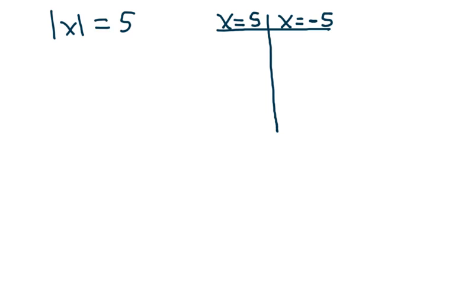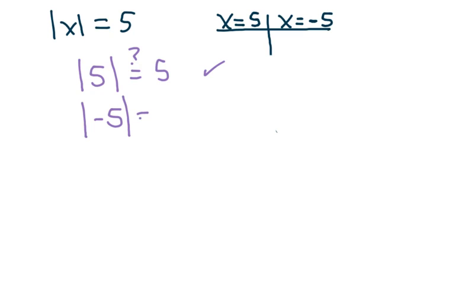Basically we don't have to solve because it's right there staring us in the face. If you plug in and check, does the absolute value of 5 equal 5? Yes. And now plug in negative 5. Does that equal 5? Yes. So these are our 2 solutions.